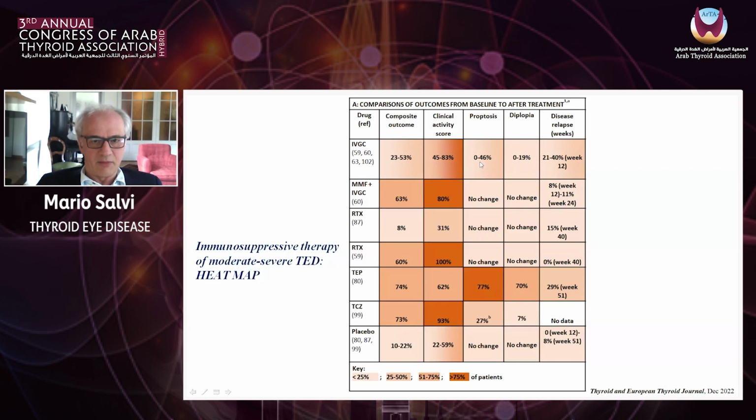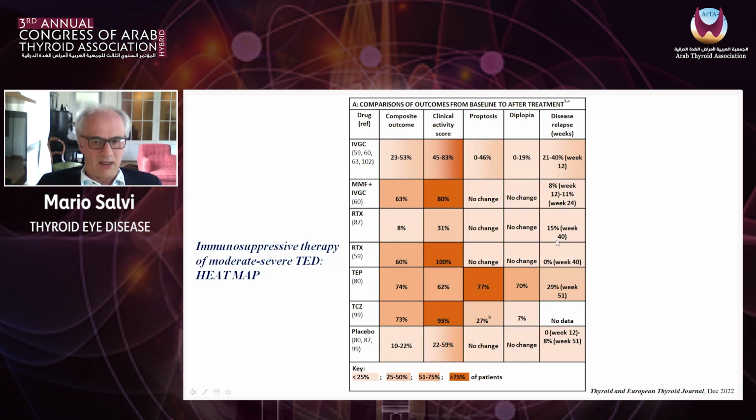There's very little effect on diplopia, and there is a certain concern about a relevant rate of disease relapse. When we talk about rituximab, for example, we have efficacy in one study and not in the American study in the decrease of the activity score, but no effect on proptosis and diplopia.